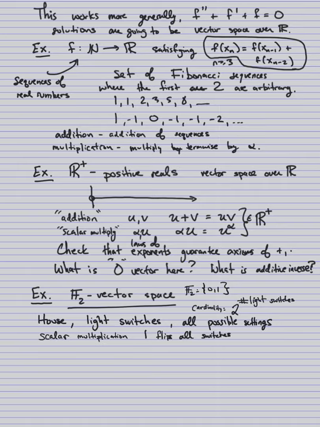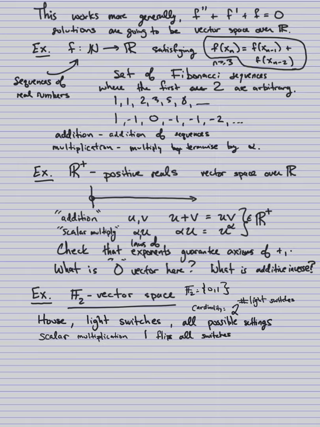You can be the element of F2 yourself by going around your house or apartment to every light switch, and if it's on, flip it off, if it's off, flip it on.